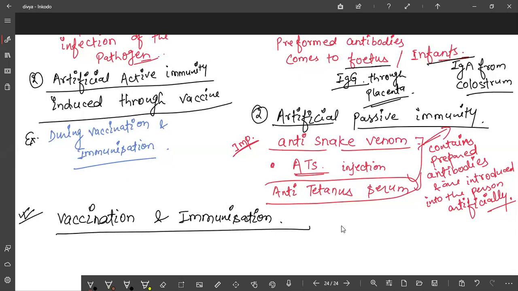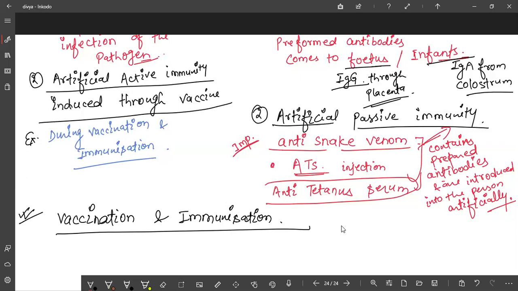Because in your childhood, you have taken one vaccine that is called BCG vaccine. Have you any idea about BCG vaccine? We had discussed bacillus, that is the TB vaccine. TB, you know, tuberculosis disease. For prevention of TB, we have been vaccinated with the BCG vaccine.